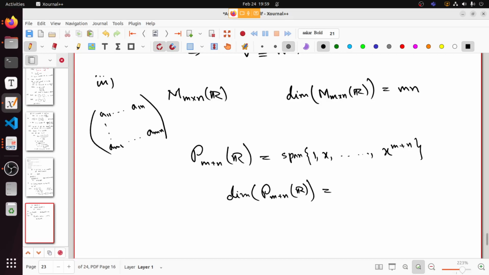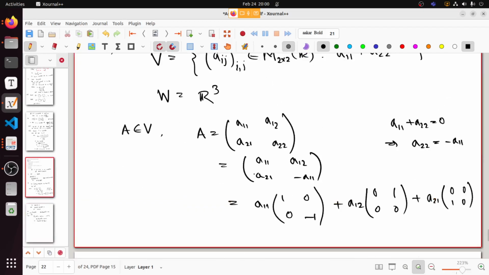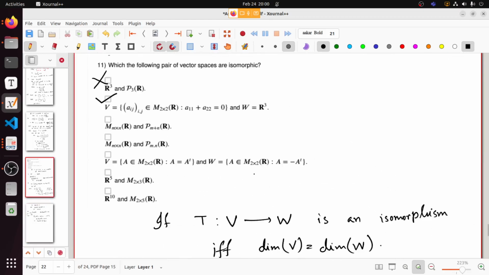So the dimension is m plus n plus 1, because 1 is extra. So these two do not have the same dimension, which implies that m cross n of R is not isomorphic to P m plus n of R, because they have different dimensions. So option number 3 is also false.